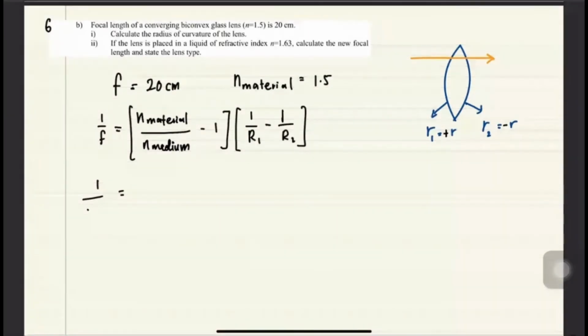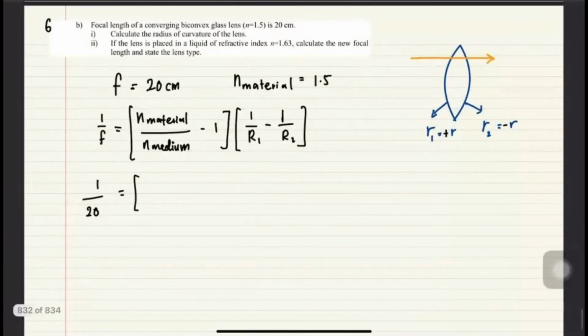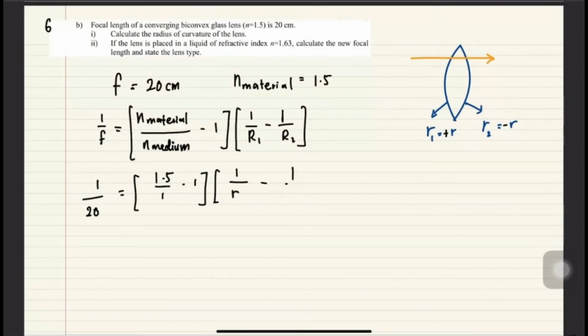Nak convert boleh. So you can convert to meter. Final answer will be meter. So N material is 1.5. N medium is 1, minus 1. So this one is half. And this would be 1 over R, okay, minus 1 over negative R. Just change dia punya labeling ni. Saya nak samakan dengan dia punya question tu kan. R1, R2.